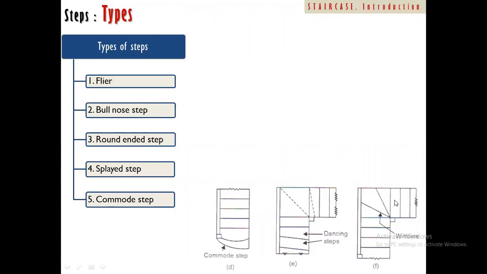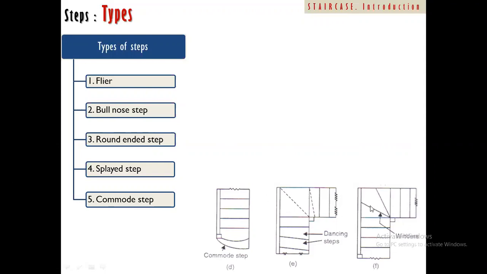And these are the winders. Winders are the most important part. Sometimes you don't have much space in your house to accommodate all the steps. In such circumstances, people provide these winders.